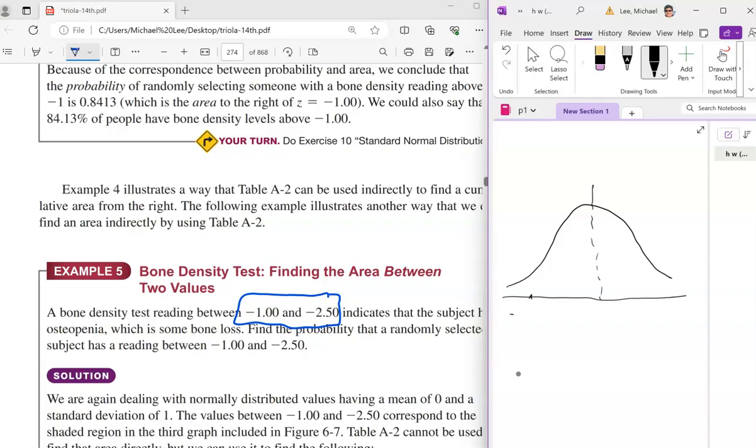So if I call this -2.5, then this must be -1, because this is 0. So we like to find this area. We say probability of Z is between -2.50 and -1. That's what that means.